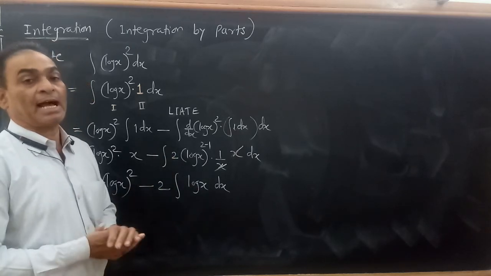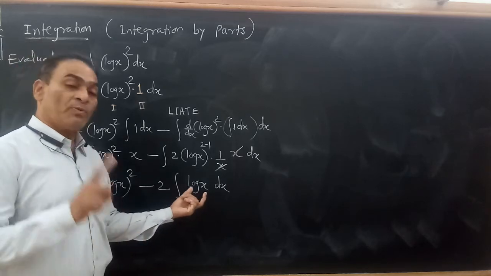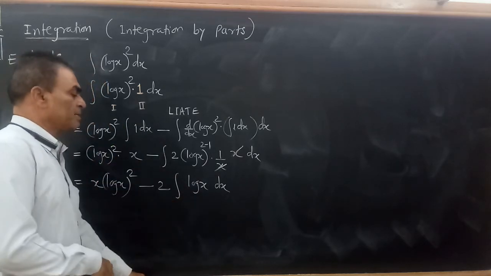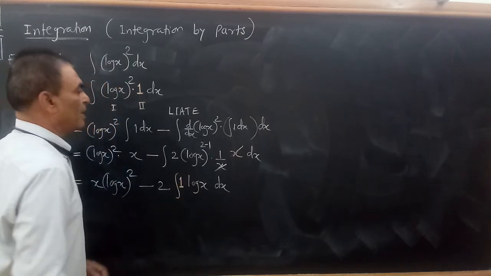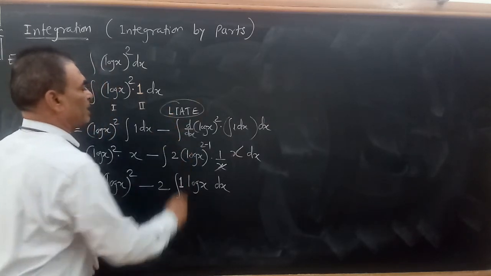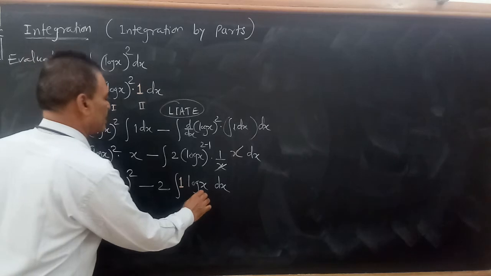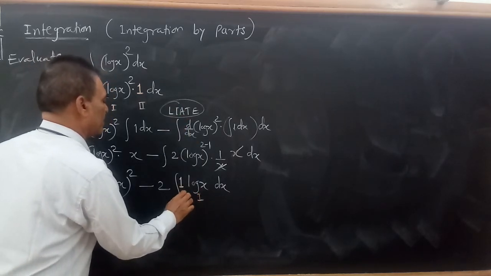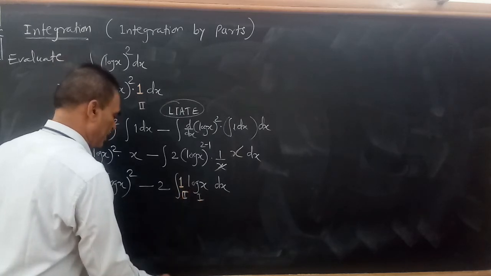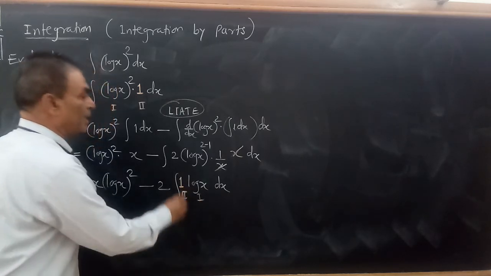Again you will get only one function. Suppose 1 is the other function, and select by using the order of letters LIATE. Logarithmic function is the first function, then algebraic function is the second function, and again apply integration by parts.